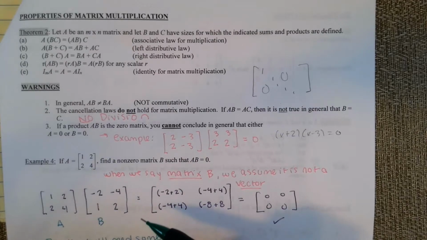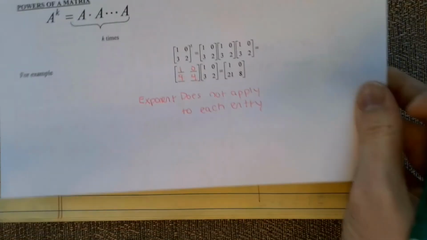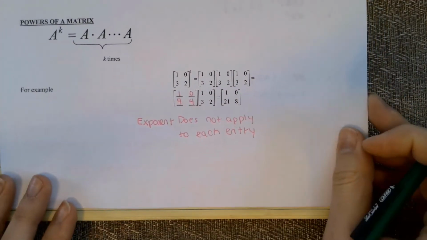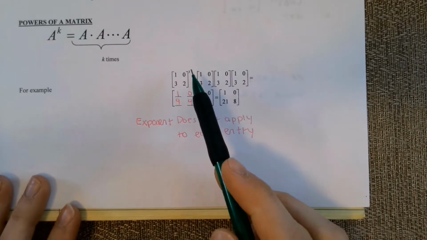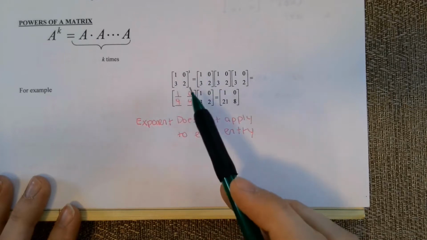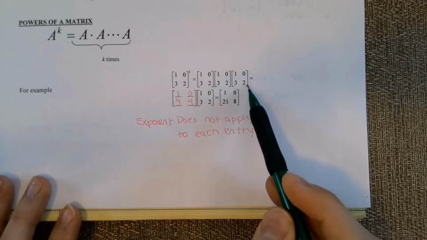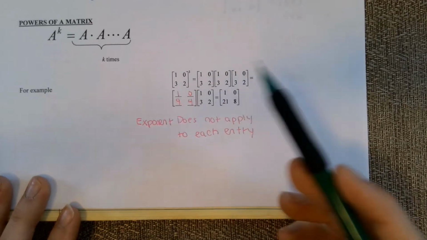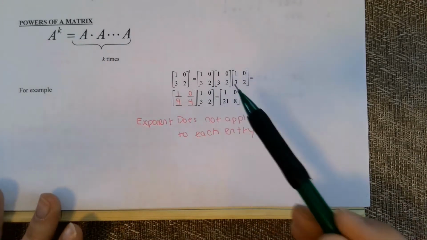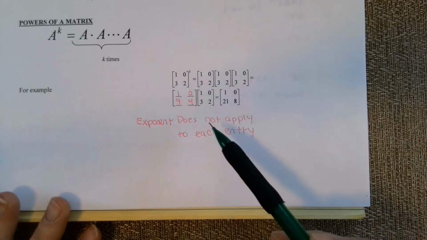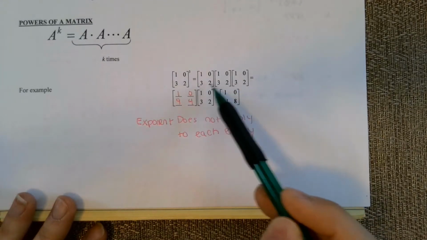Okay. All right, exponents. The one thing you need to know here is that we do not distribute that exponent into each entry. You actually have to multiply it out 3 times. And we know that's the definition of exponents. We're multiplying over and over again, but we can't distribute this. And so if I multiply the first two together, I got this matrix, 1, 0, 9, 4.